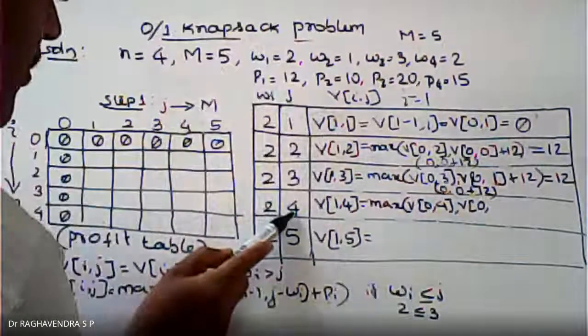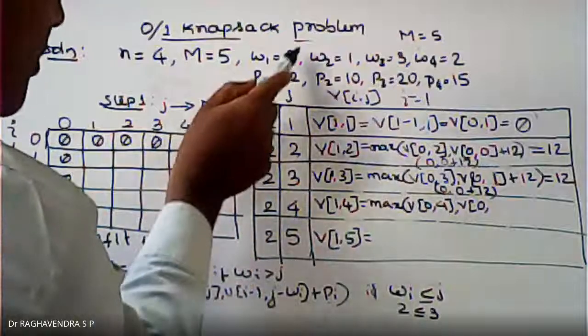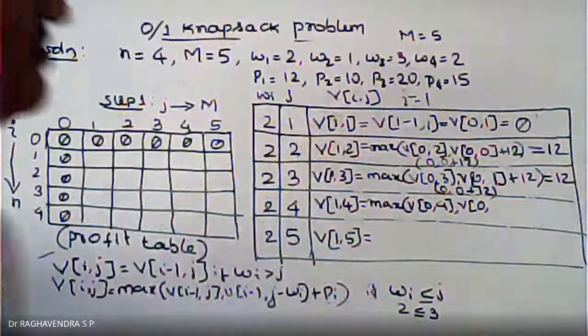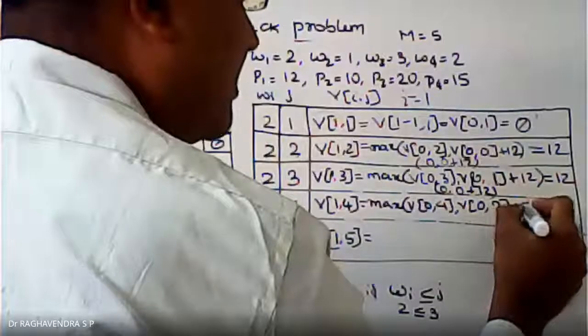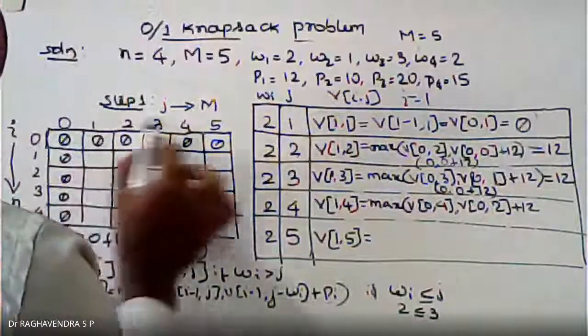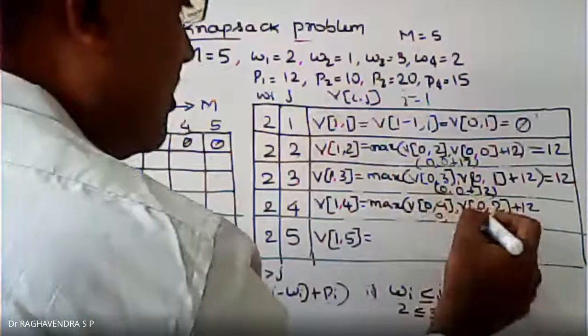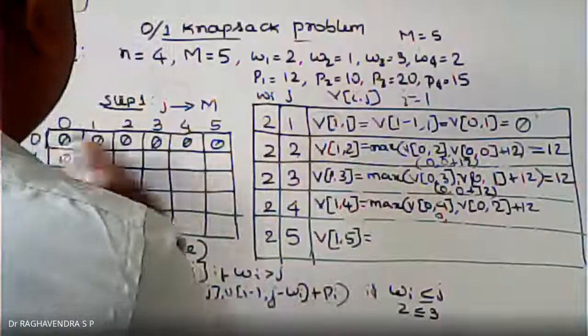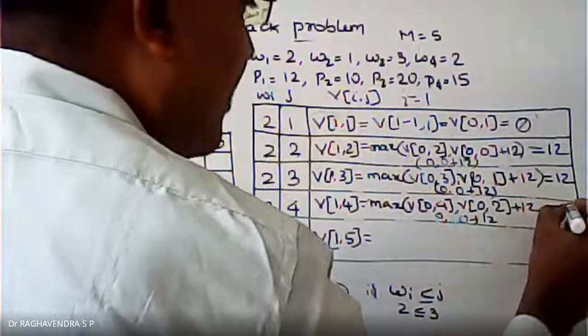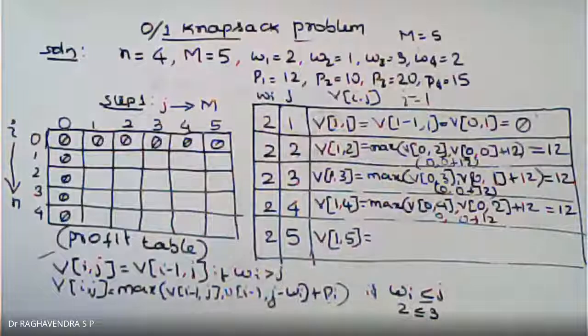J means 4, W means 2, 4 minus 2 is 2. Plus profit 12. So V of 0, 4 is 0, V of 0, 2 is also 0, plus 12. So the maximum value is 12.